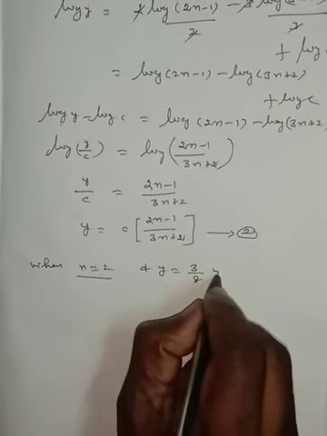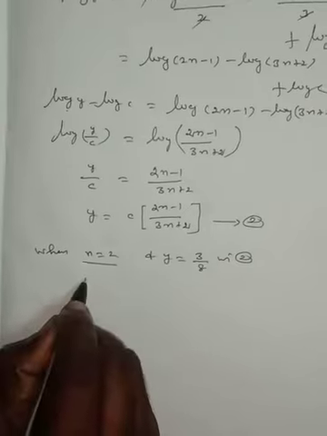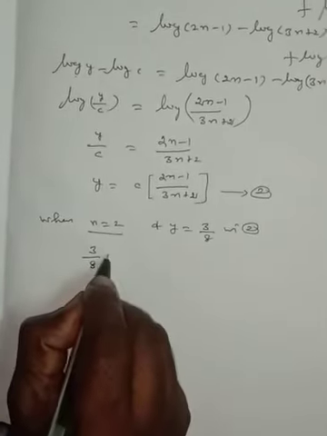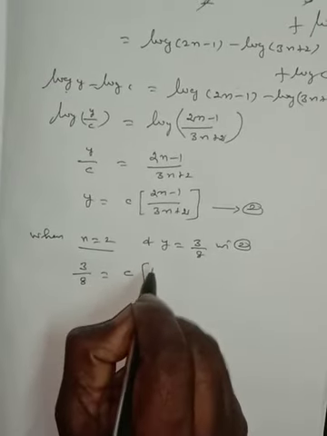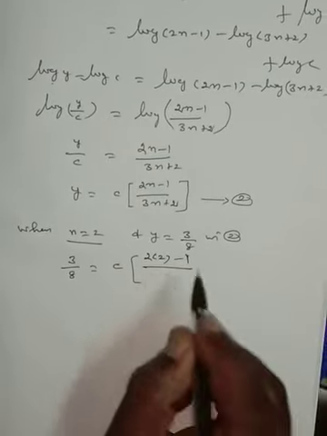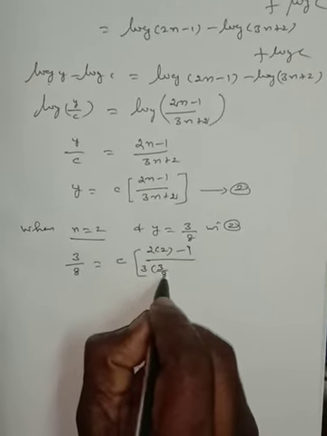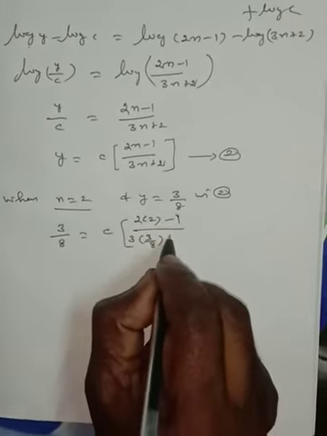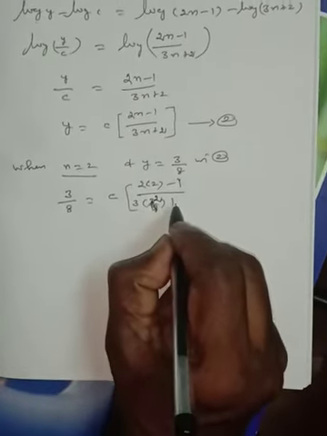In equation number 1, 3 by 8 is equal to c into (2 twos are 4, minus 1) divided by (3 into 2 plus 2).